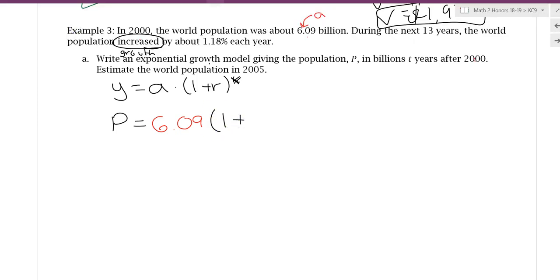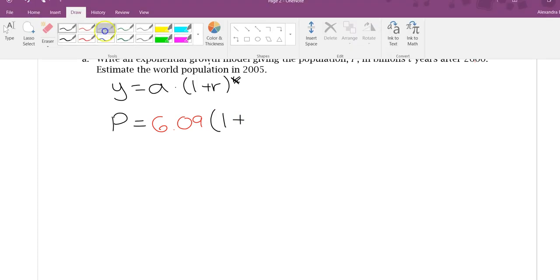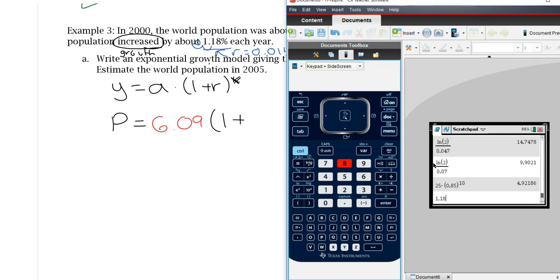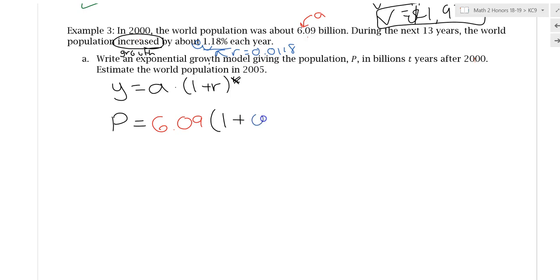Times 1 plus r, r is our rate, 1.18%. I want to go backwards, so that's 0.0118. If you're struggling with going the other direction, you can just divide by 100. So if I have 1.18%, dividing that by 100 will give me my percent as a decimal. 1 plus 0.0118.